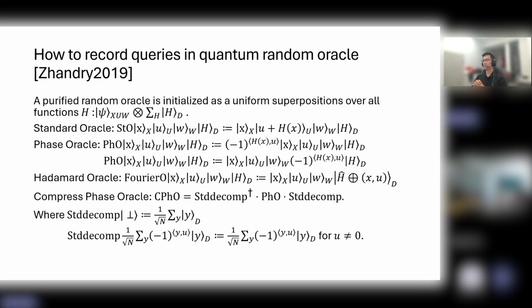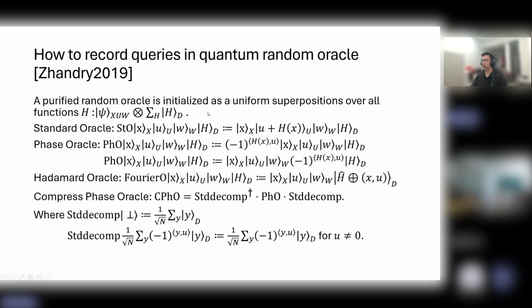So let's say the random oracle is initialized to the state here. You have x and u, which are the query registers, and w is the working register. You also have a superposition quantum oracle. So this sigma over h is among all random oracles, and they are in a uniform superposition.